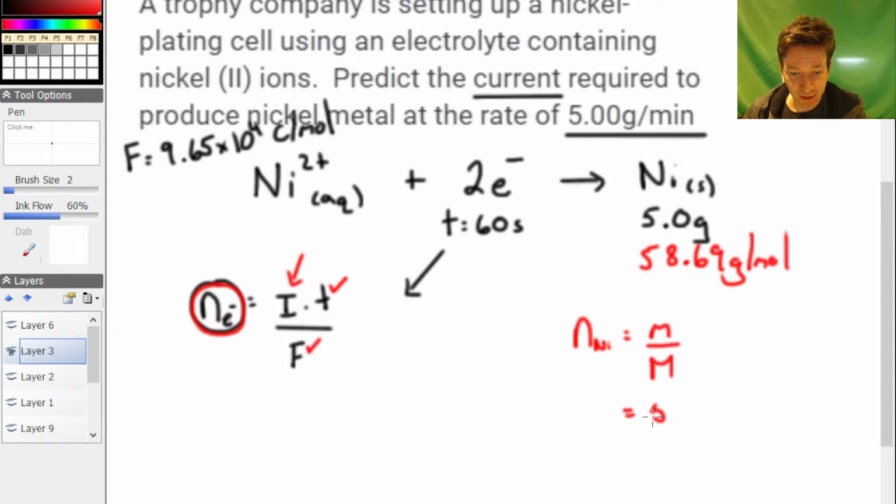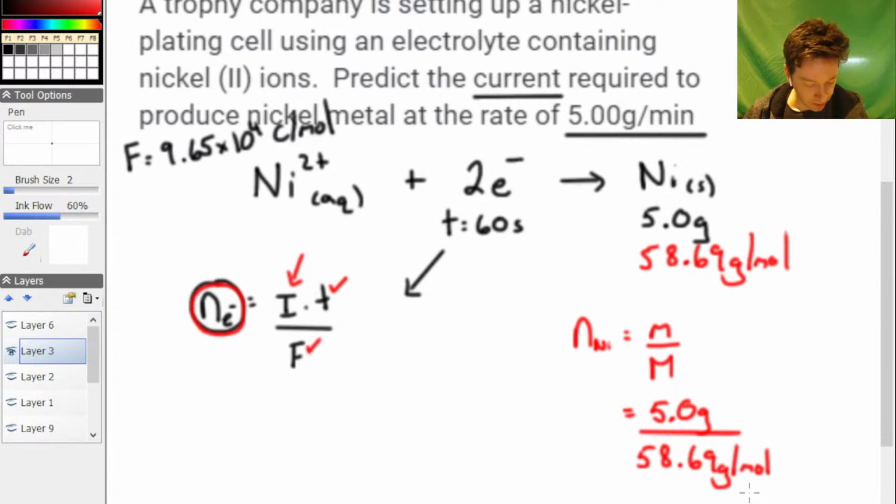So we get 5 grams divided by 58.69 grams per mole, which gives us 0.0852 moles.